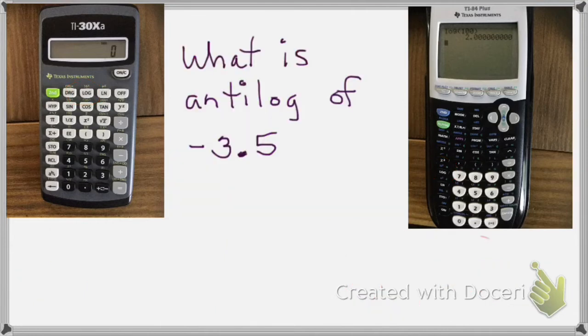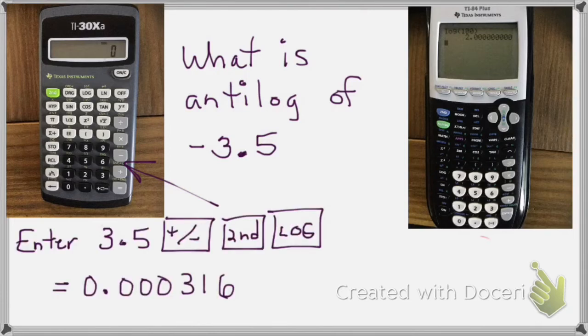Let's find the anti-log of minus 3.5, and I'll talk about using this calculator here where we put the numbers in just in a different order than on the other one. So entering 3.5, then our plus minus, the second, then the log, so that we are getting the anti-log, the 10 to the x function.